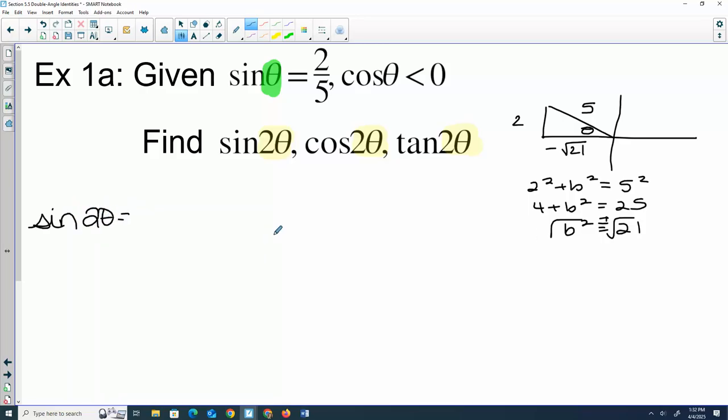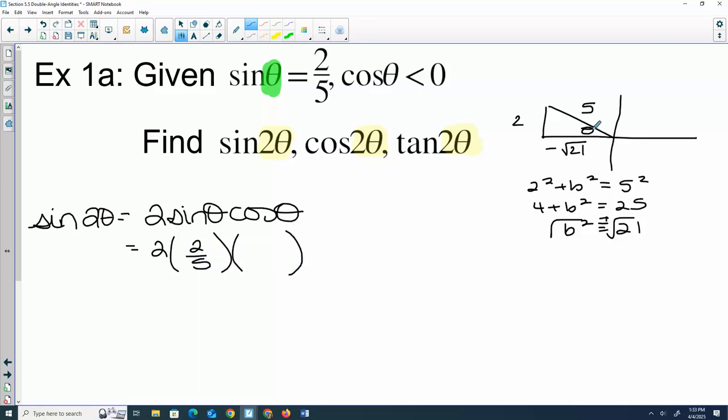So sine 2 theta, if I look at my formula sheet, it's 2 sine theta cosine theta. Sine, you could either use this or your triangle, opposite over hypotenuse, is 2/5.